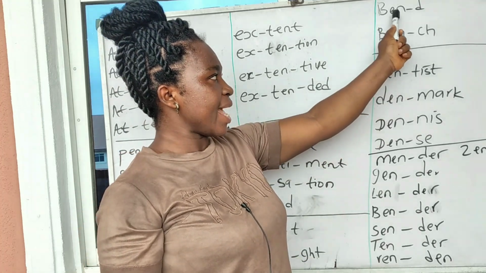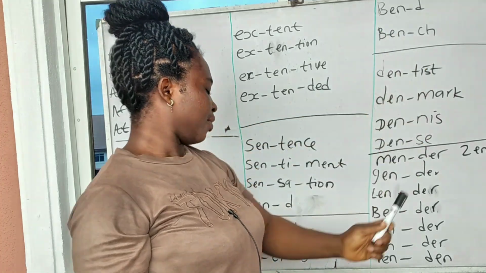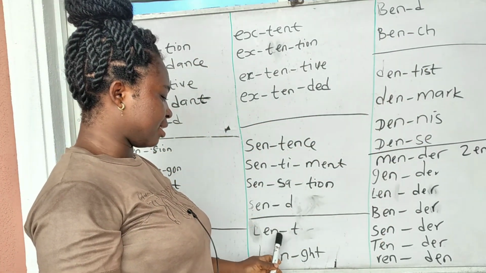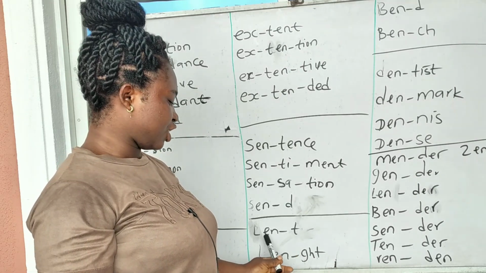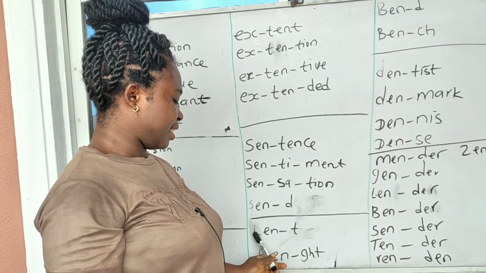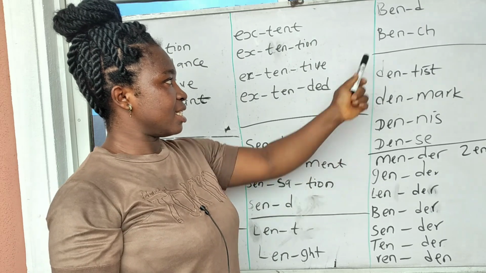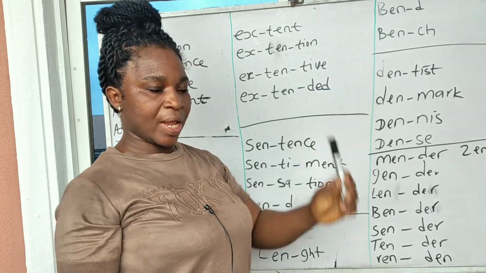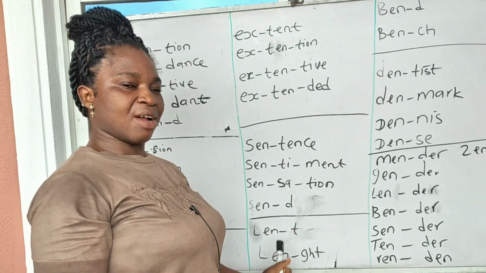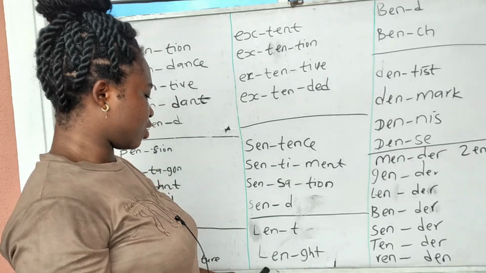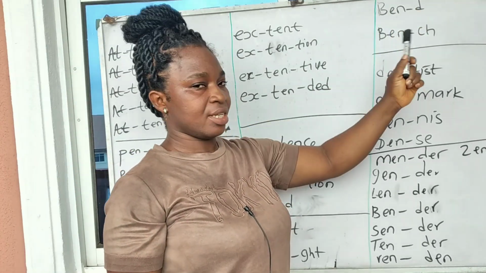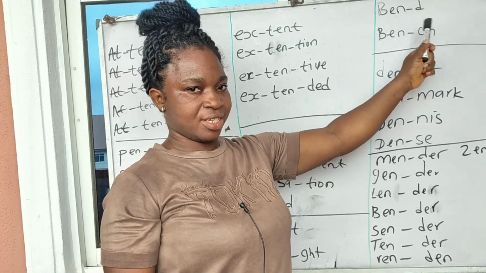We have bent. Now take a look at this place. We have length. The T actually changed this. This is L, it becomes len. This is B, it becomes ben. But the en is the actual focus for today's video. So we have bent, that is the bench.